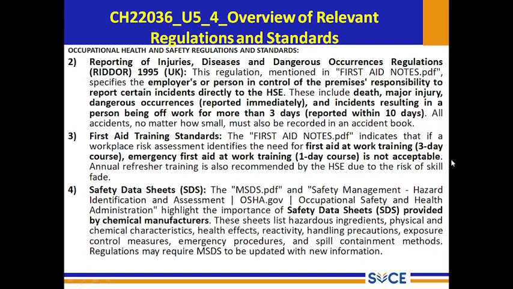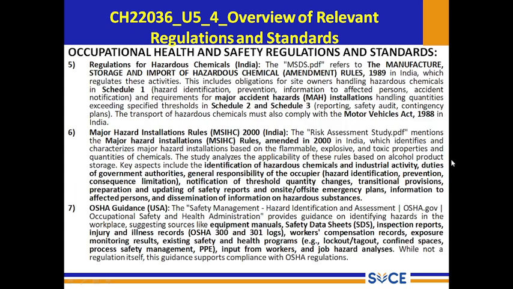These sheets cover hazardous ingredients, physical and chemical characteristics, health effects, reactivity, handling precautions, exposure control measures, emergency procedures, and spill containment methods. Regulations may require MSDS. MSDS is the Material Safety Data Sheet, which is to be updated from time to time to get the new information. That's about the first 4. The remaining 4 are listed like this, one by one.